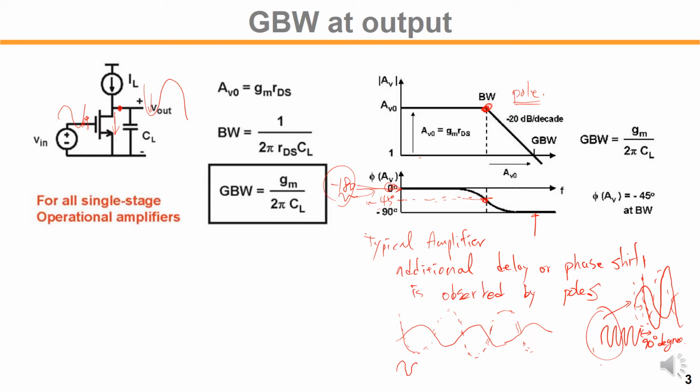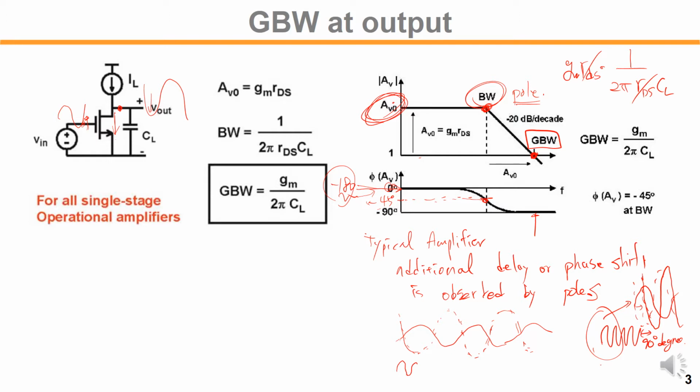The one thing that is most important to remember is that once we know the DC gain Av and the bandwidth, we can always find the GBW, gain bandwidth product. The gain bandwidth product is defined by the gain, gm rds, times the bandwidth, 1 over 2 pi rds CL. By having this, we are canceling out the resistive components.